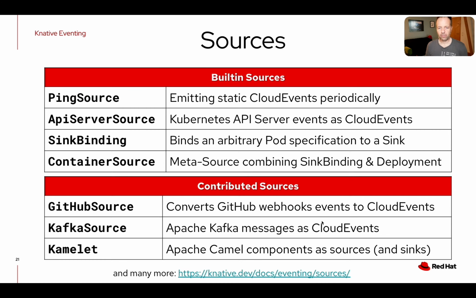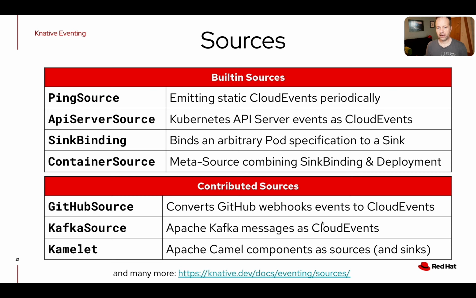Then there are more general purpose sources like the sink binding. A sink binding allows you to connect an arbitrary deployment, or anything which holds a pod specification. This works in such a way that every time you connect a sink to this sink binding source, the deployment, or this so-called pod specable that it points to, gets an environment variable injected so that it knows how to reach the sink.